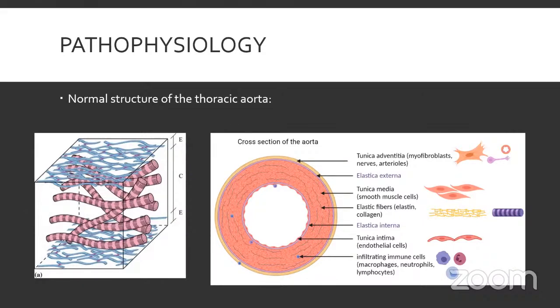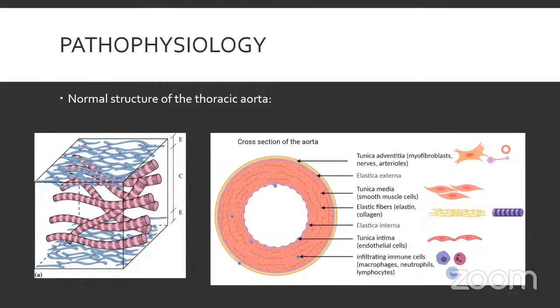This is in contact with the content of the lumen. After that, we have the internal elastic lamina or internal elastic layer. Then we have the tunica media composed of smooth muscle cells and different elastic fibers. Then the external elastic lamina. Then lastly, the tunica adventitia.